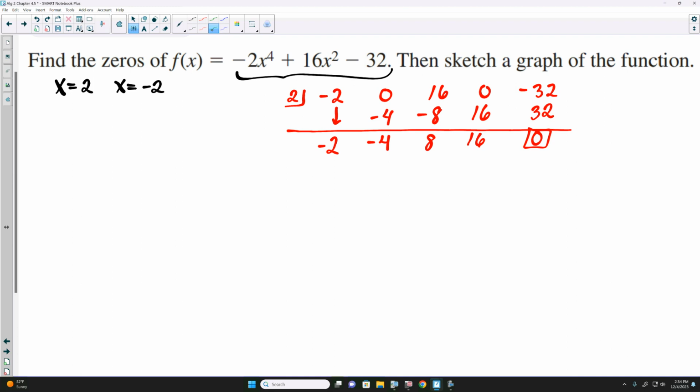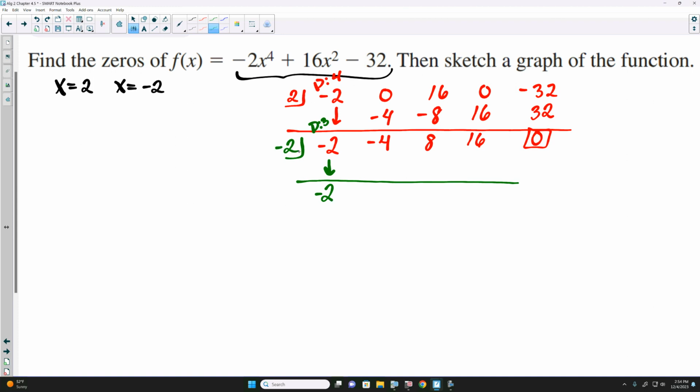Now it's decreased the degree, because the degree was 4. We did a division, and now the degree will be 3. It's a cubic. But for us to be able to solve, we need it as a quadratic. So we're going to do synthetic division again. Now we don't have to rewrite the problem out with 2, negative 4, 8, 16. We can apply it to this here.